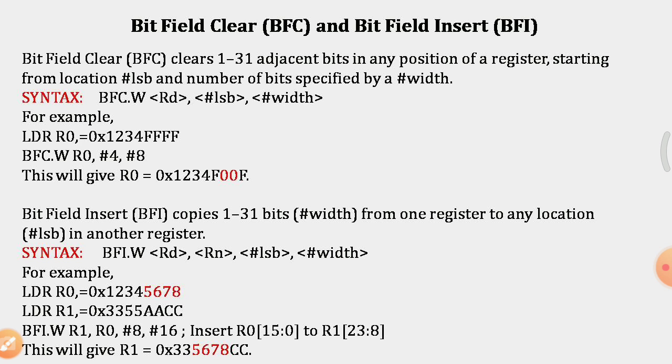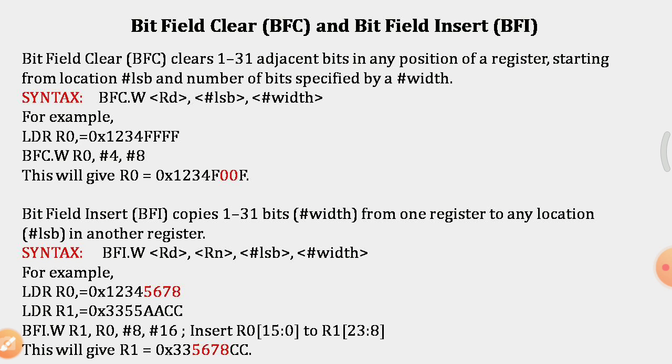So for example, LDR R0, =0x1234FFFF. So now R0 is having 1234FFFF value. BFC.W R0, #4, #8.